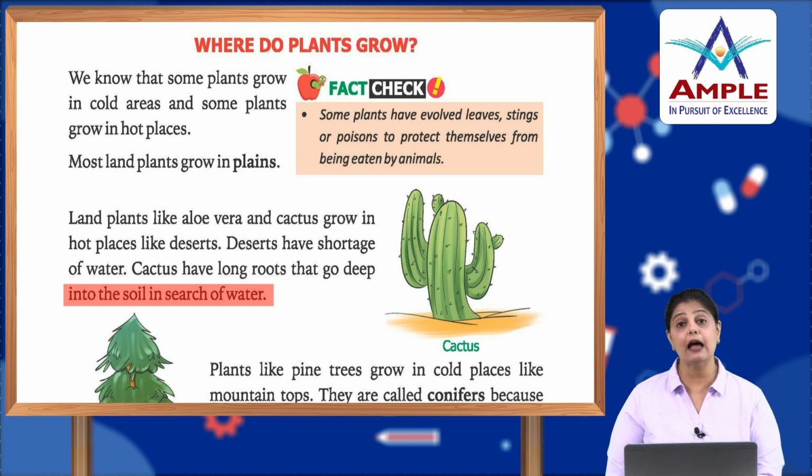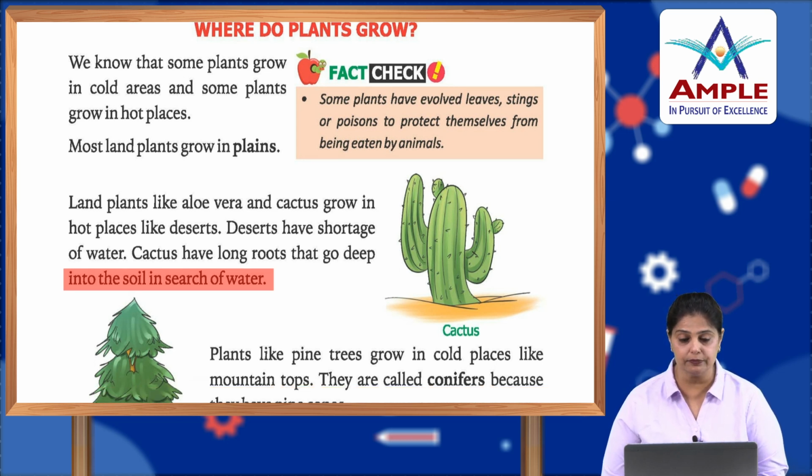Their roots go deep down into the soil, and that's where they get their water from. And look at the shape of this cactus plant, okay. They also have spines on them. This water is stored inside those leaves in the spines, okay, and that's how the plant survives in the scorching heat in the deserts, okay.